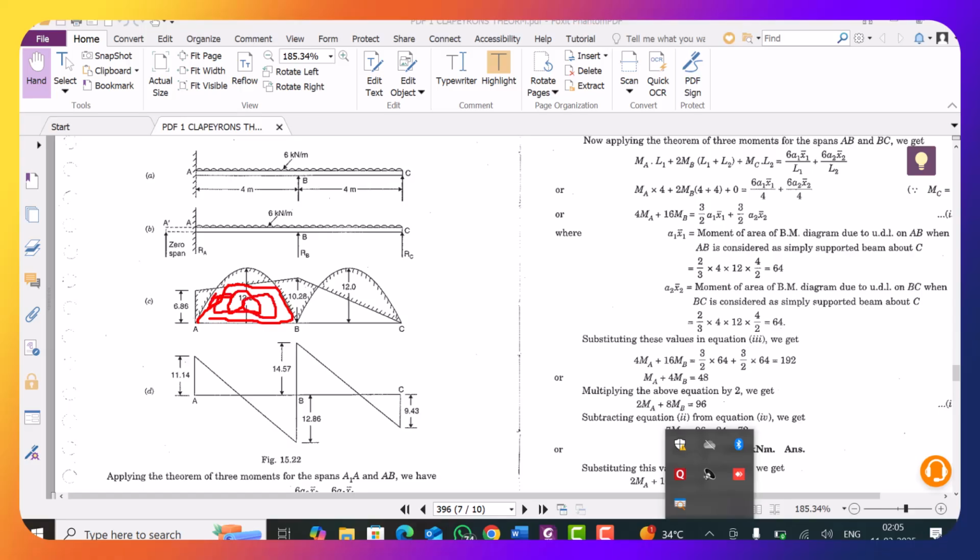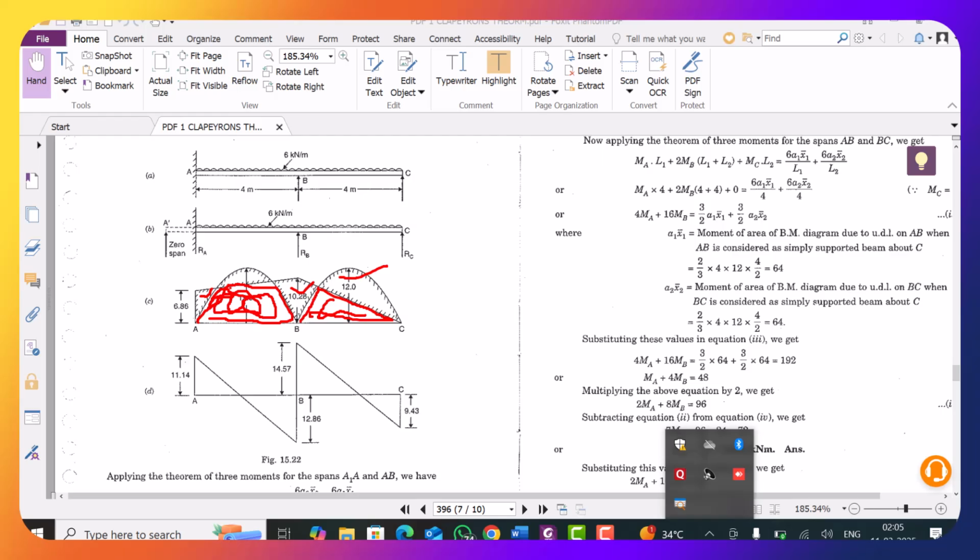This area is also neutral, and this area is also neutral. But this area is positive, and this area is negative, this is negative.